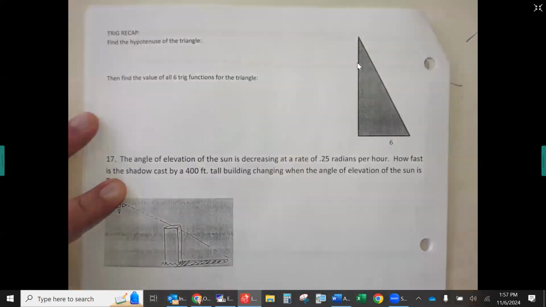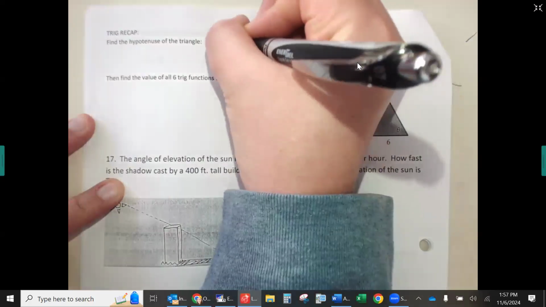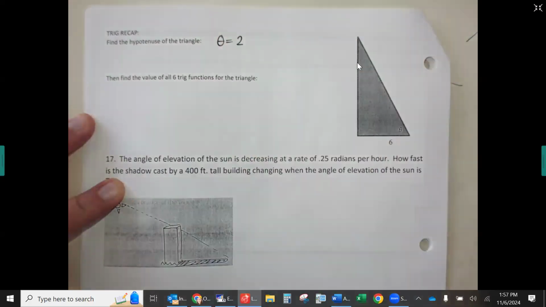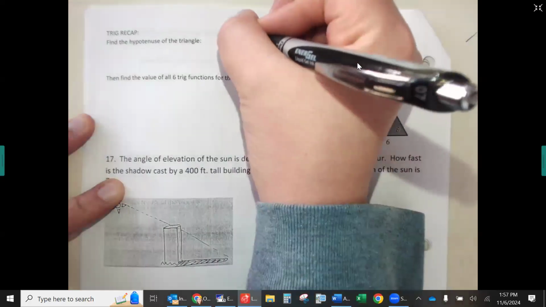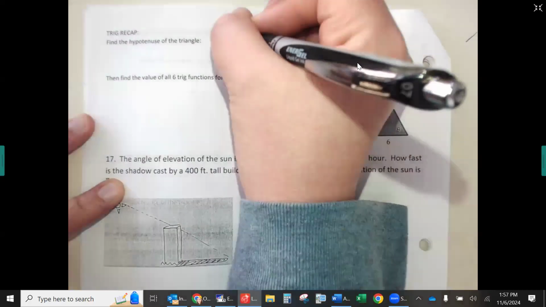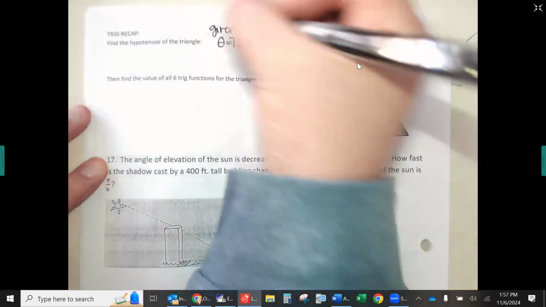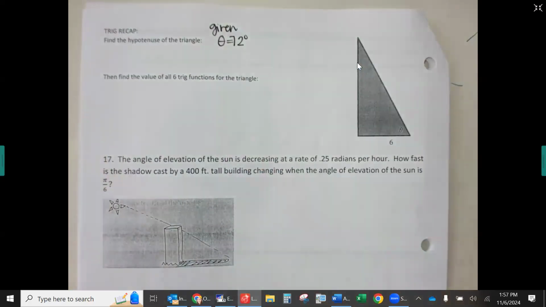Okay, so it says find the hypotenuse of the triangle, but it should also give you an angle for theta. So let's say that theta equals 20. No, that's an obtuse angle. Let's make it 172 degrees. I know I said the wrong thing. Okay, so let's say that you're given that this theta is 72, and the question asks you to find the hypotenuse.